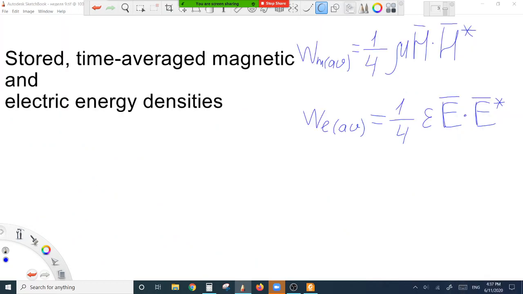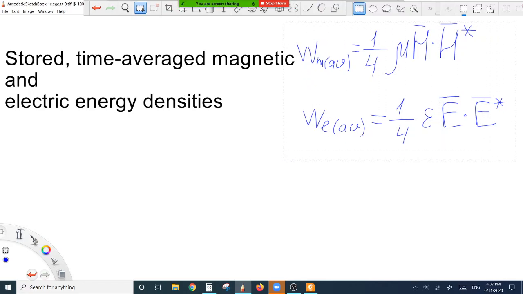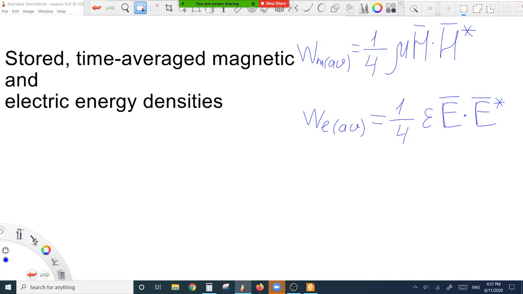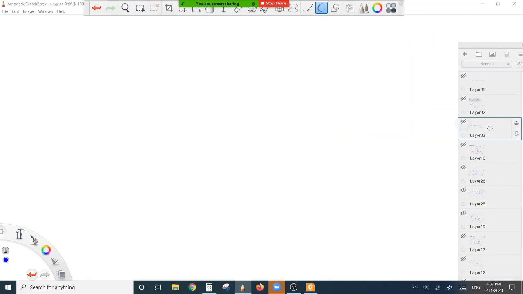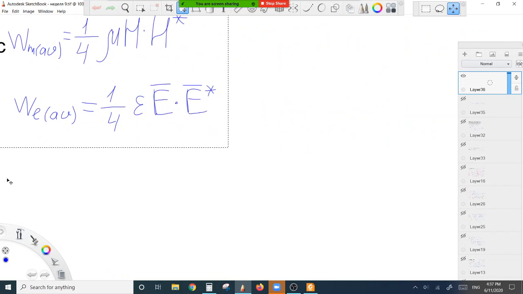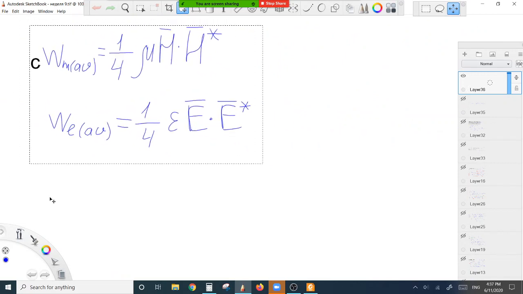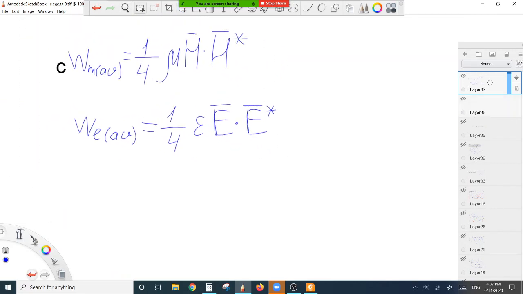Here we may see the formulas for stored electric energy and for stored magnetic energy, and we directly put the numeric values to these formulas.